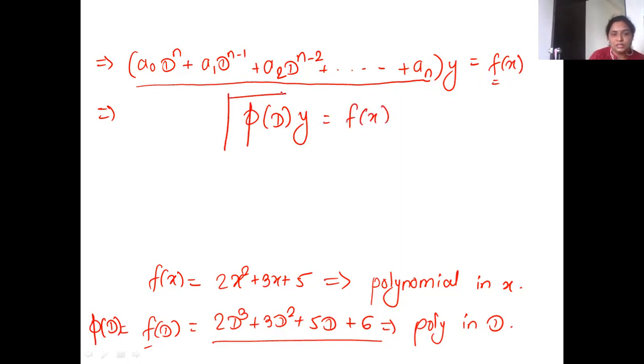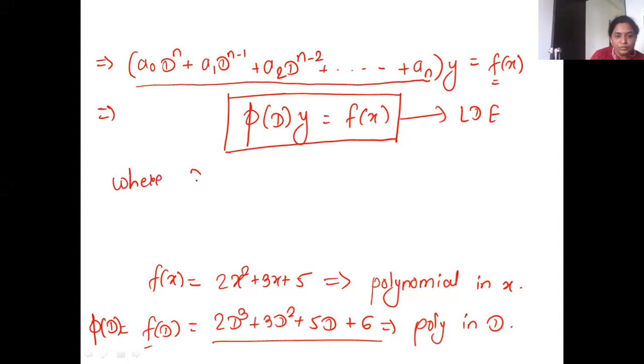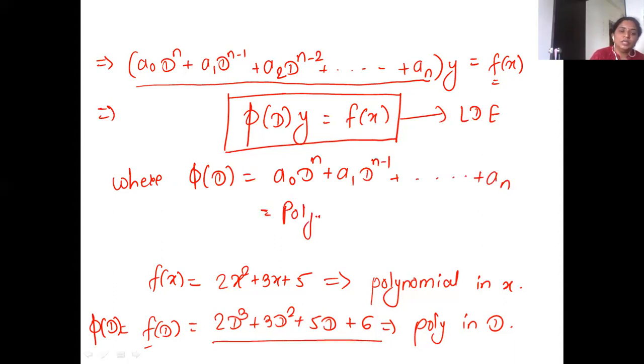And this is the standard form of LDE. What is phi of d? Phi of d is a0 dn plus a1 dn minus 1 plus so on up to an. That is called a polynomial in d.